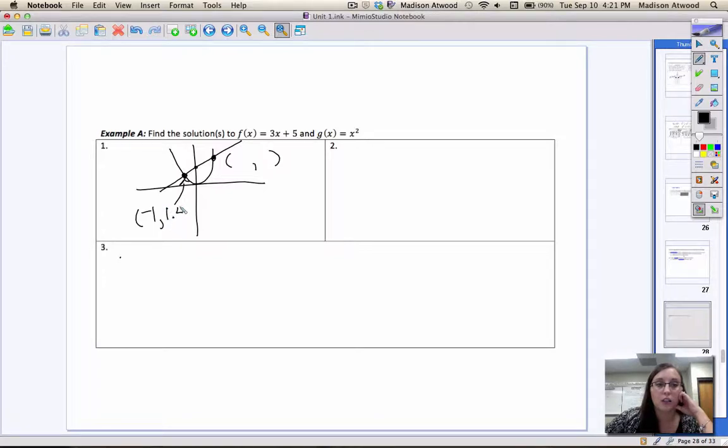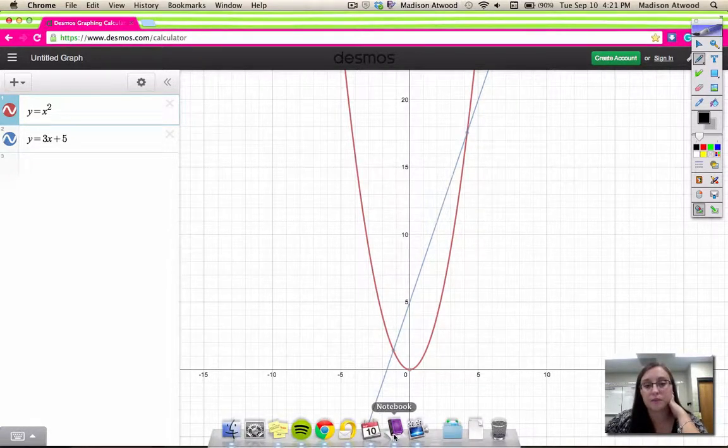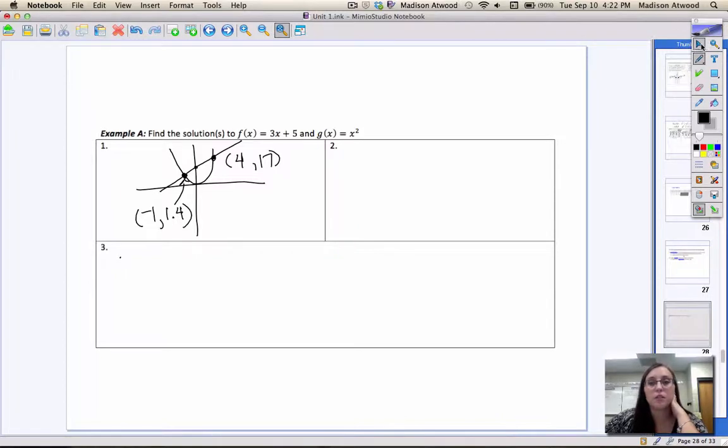So I'm actually going to go ahead and use a decimal, -1 and 1.4, and this one was something like, what did I say, 4 and maybe like 17 or something like that, right? Let me double check here. 17.5, I'm just going to go with 17 on this one. So maybe I should just go with 1 on this one then. Okay.